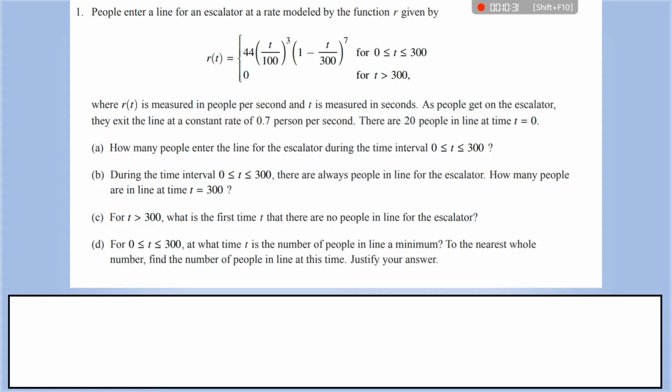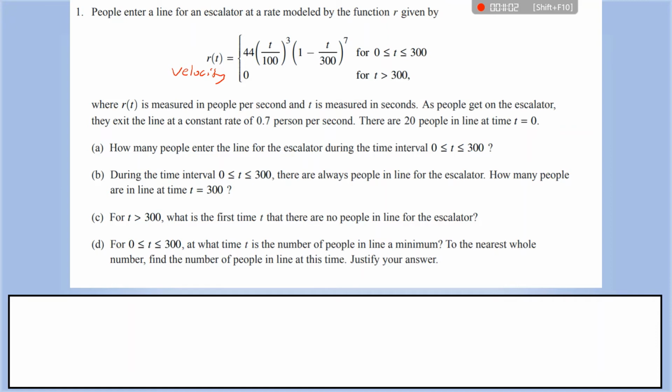Okay, so if I've got a rate, what would the units for this rate be, do you think? People per second. Okay, they actually gave it to us. So if I'm in people per second right now, that means this is a velocity. How can I get from a rate to an amount?